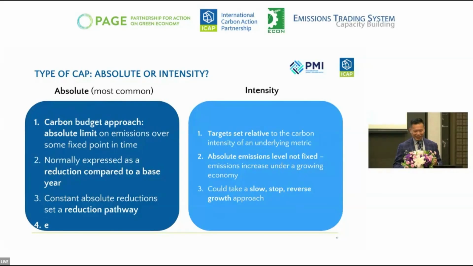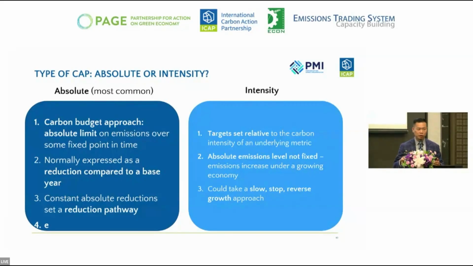Under this absolute cap design, the government sets the budget for the whole carbon market, and it's an absolute number. It could increase or decrease, but it's an absolute number, for example, 600 million tons or 1 billion tons. How much emission you can emit every year, the market already knows.